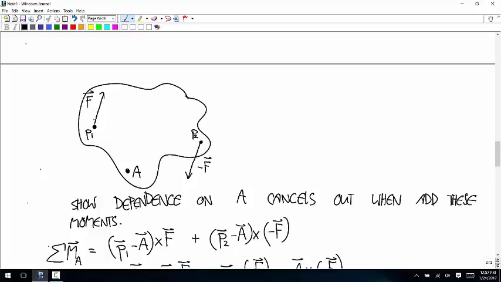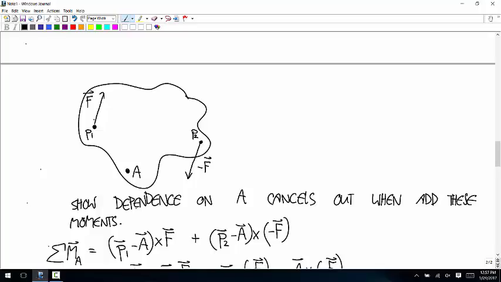Sort of related question, I think, is how did I decide which one of these is F and which one of these is negative F? It seems arbitrary, right? I mean, these are just random vectors. Why couldn't I have called that F and that one negative F? And the answer is you can.